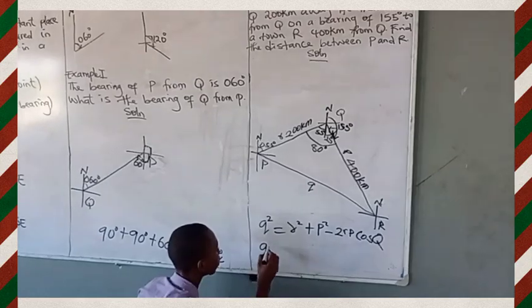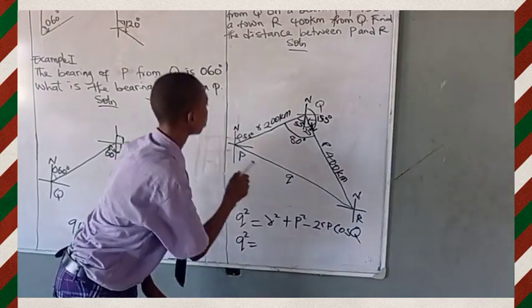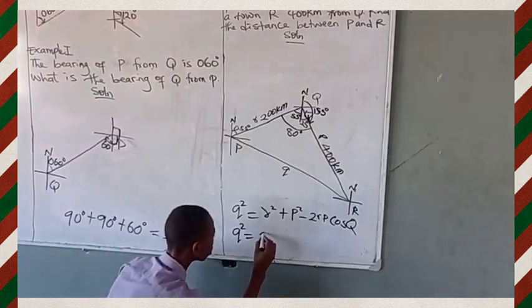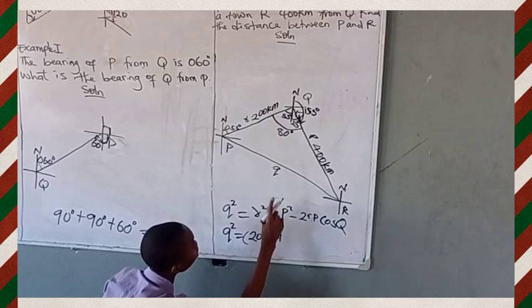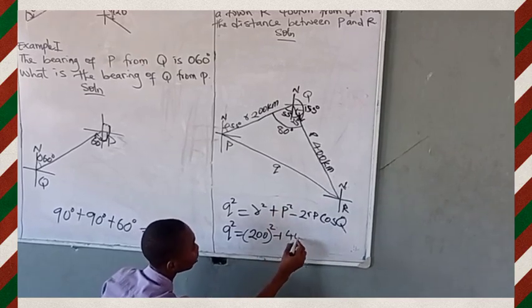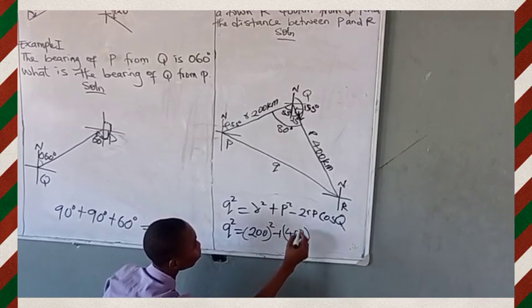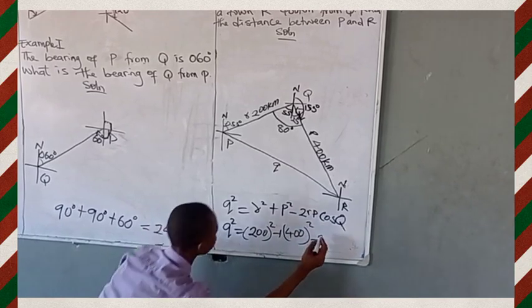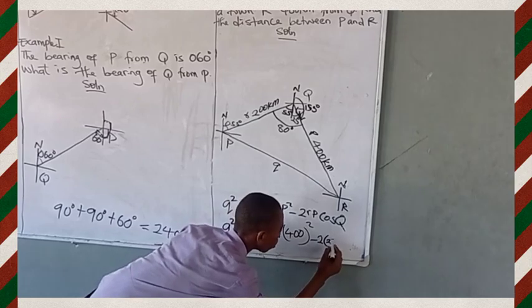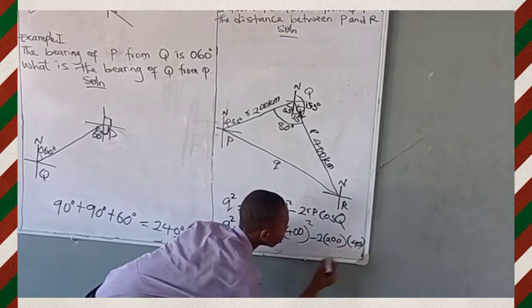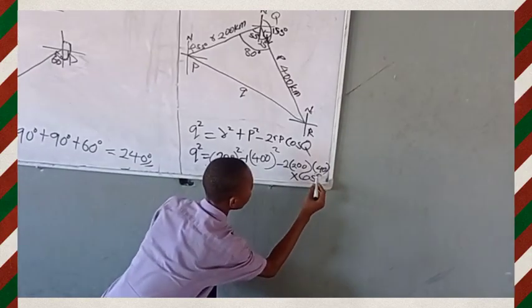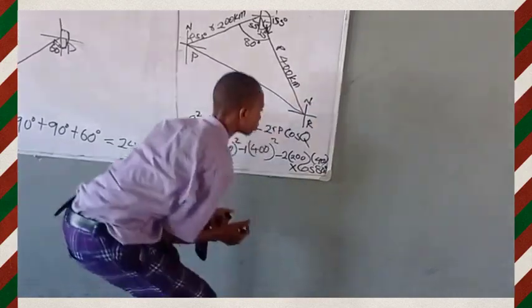Now we are going to substitute all the values into this rule. So q square is equal to r squared, this is 200 squared, plus our p is 400 squared, minus 2 times our r is 200 and our p is 400, times cos 80 degrees.